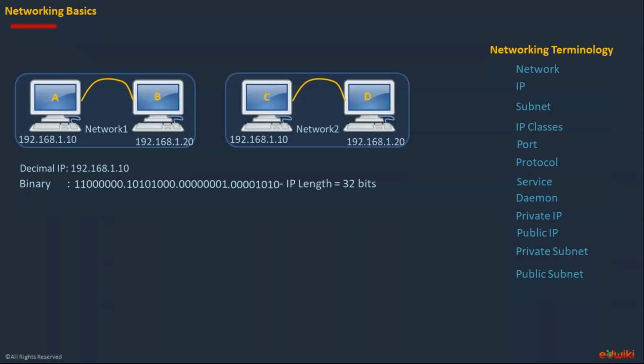I don't care. Hope you are understanding me, right? In network one, I should not have any duplicate IP. Within network two, I should not have a duplicate IP either. But an IP used in network one can be used in network two. I don't care, because there is no confusion or duplication there, correct?